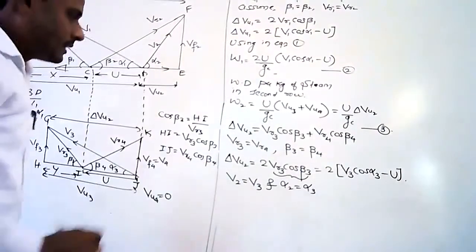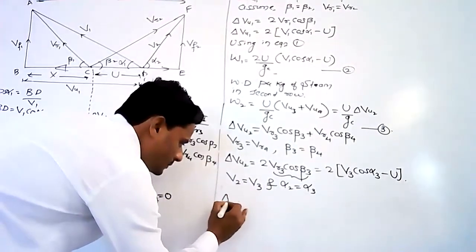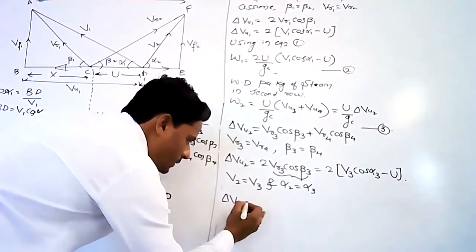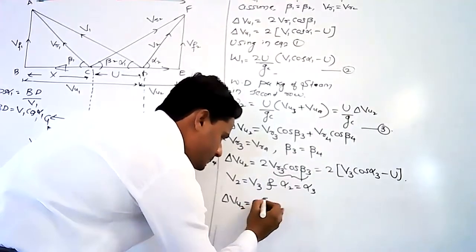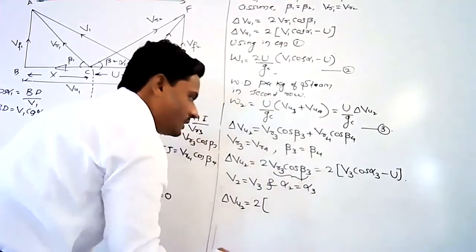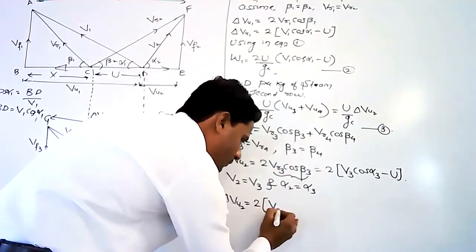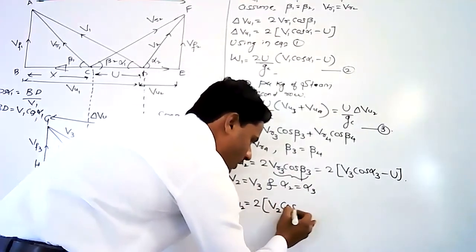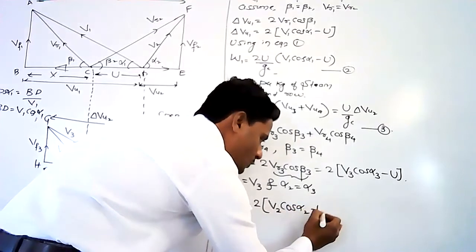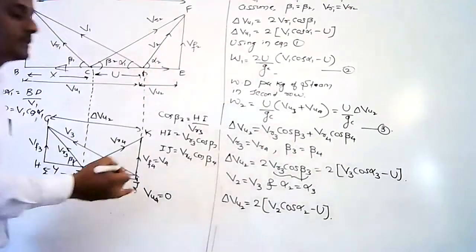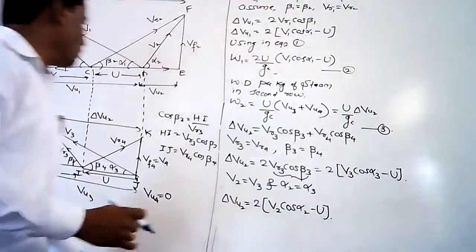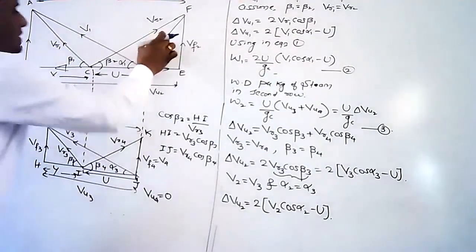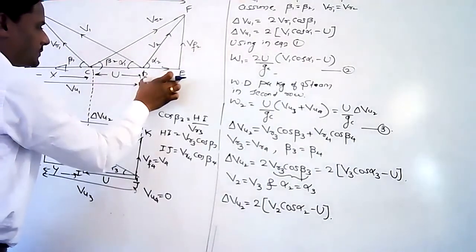So in the next step, I can write delta VU2 equals 2 times, instead of V3, V2 cos alpha 2 minus U as it is. V2 cos alpha 2 is DE here.